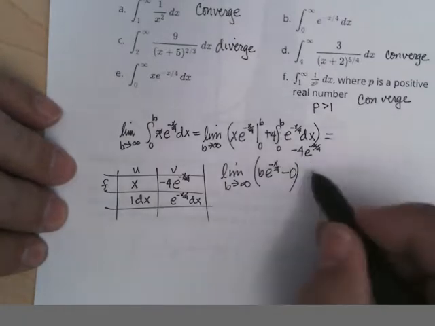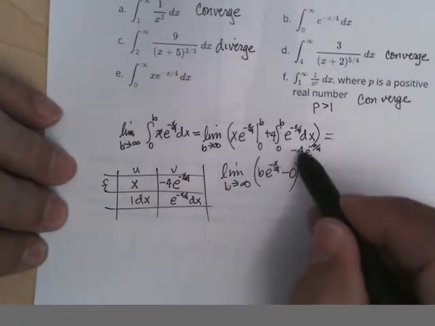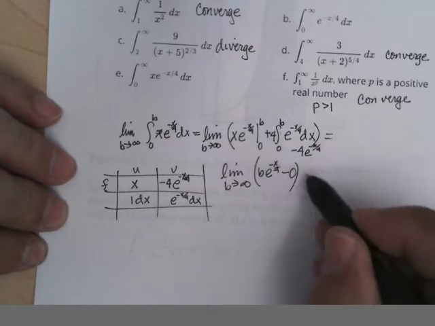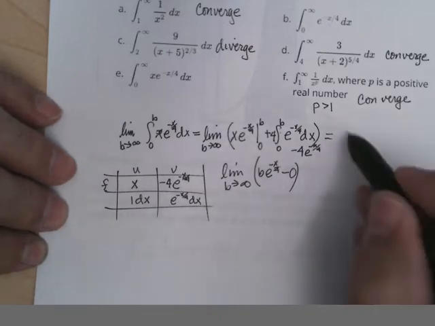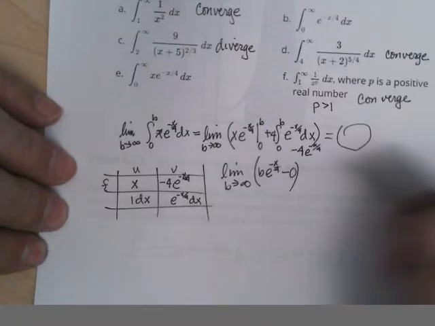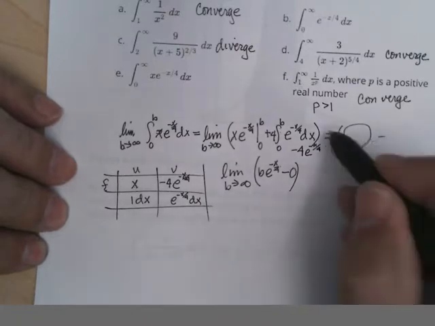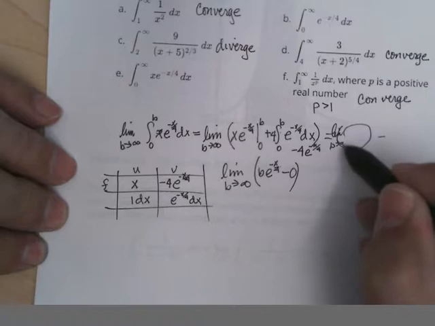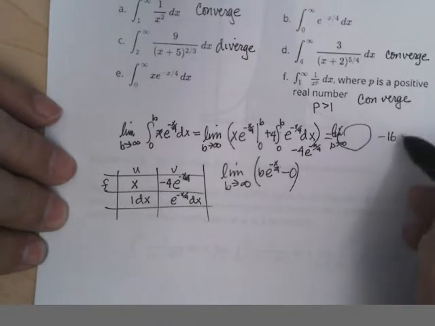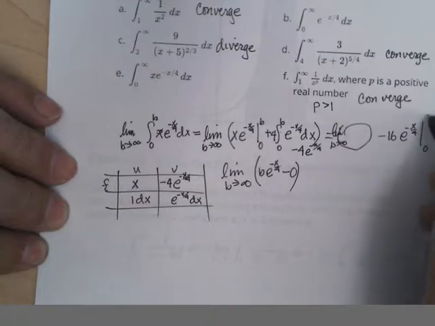And we already had a 4 out there, so it's going to be minus 16 of this. We got this part, which we've figured out, minus, oh, and there's still the limit as b goes to infinity, minus 16e to the minus x over 4, evaluated from 0 to b.